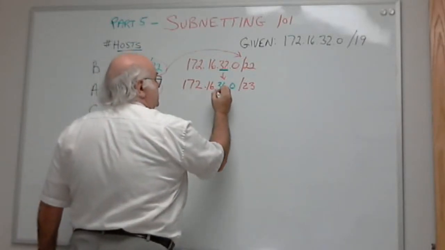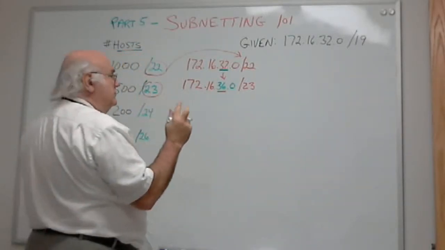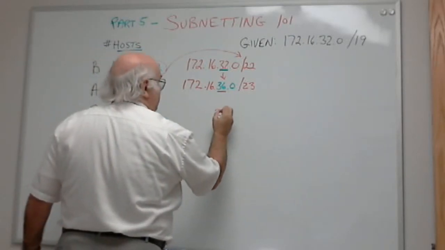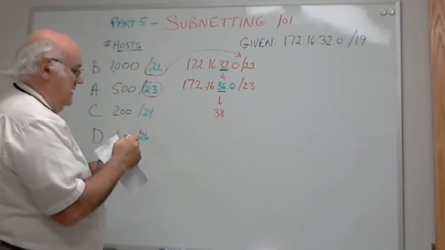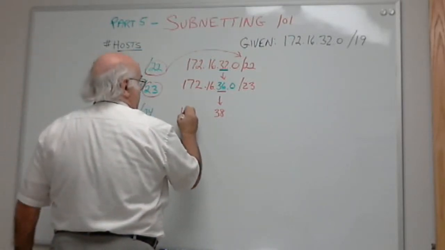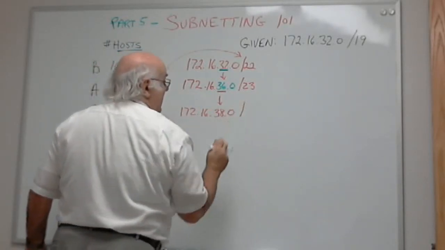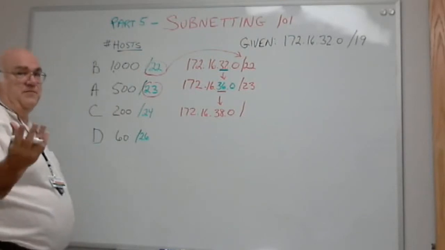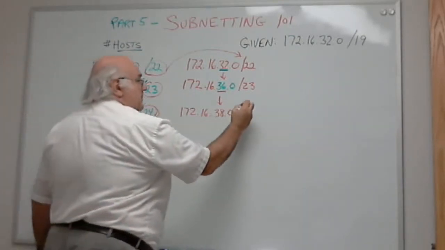So again, I'm going to change this byte, but I'm only going to add 2 to it, 38. Okay? Everything else stays the same. 172.16.38.0 / what? What am I going to use now for my prefix? Obviously, I'm going to use this 24.